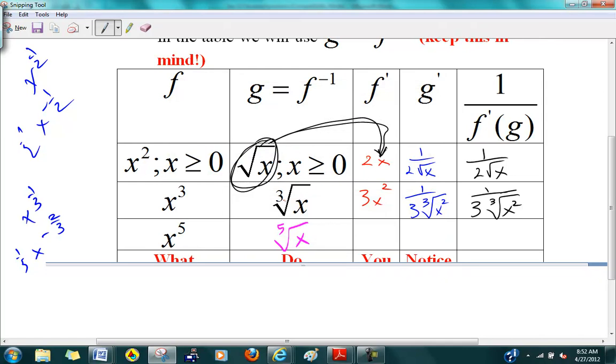No, I'm talking about x to the 5, derivative of this guy. 5x to the 4th. Stephanie, derivative of g prime. That's okay, take your time.